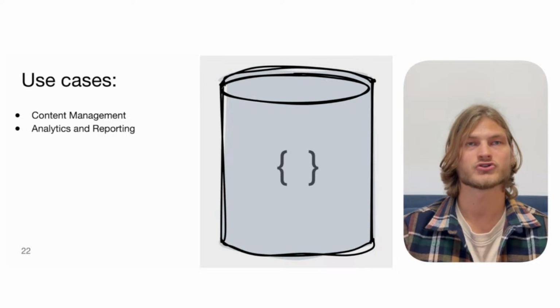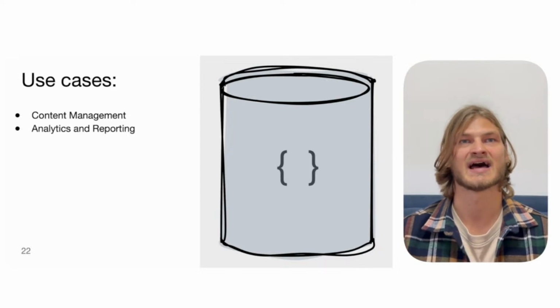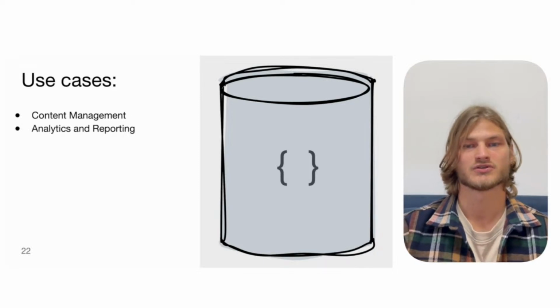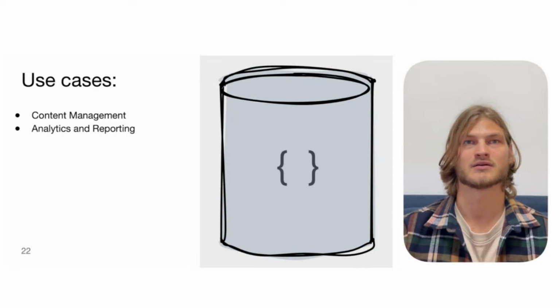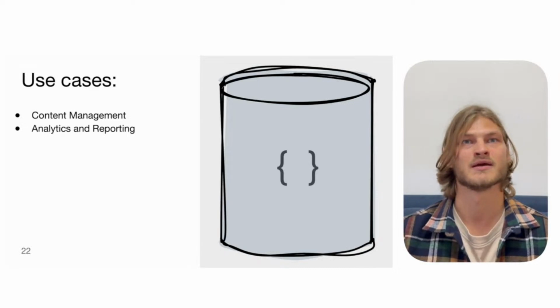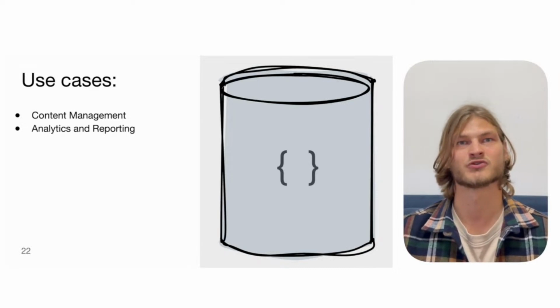Also, it's widely used in analytics and reporting. So you can store diverse data and generated data in it. Let's say you can store a pre-generated report for your user in such databases.